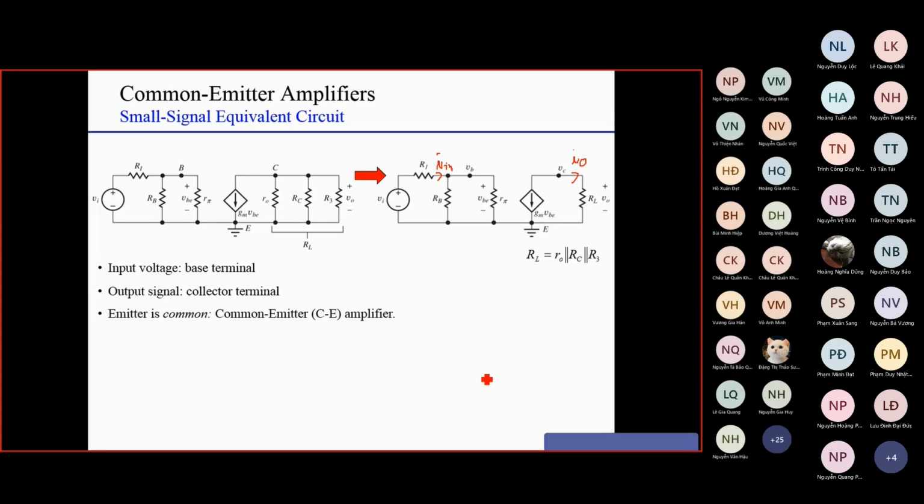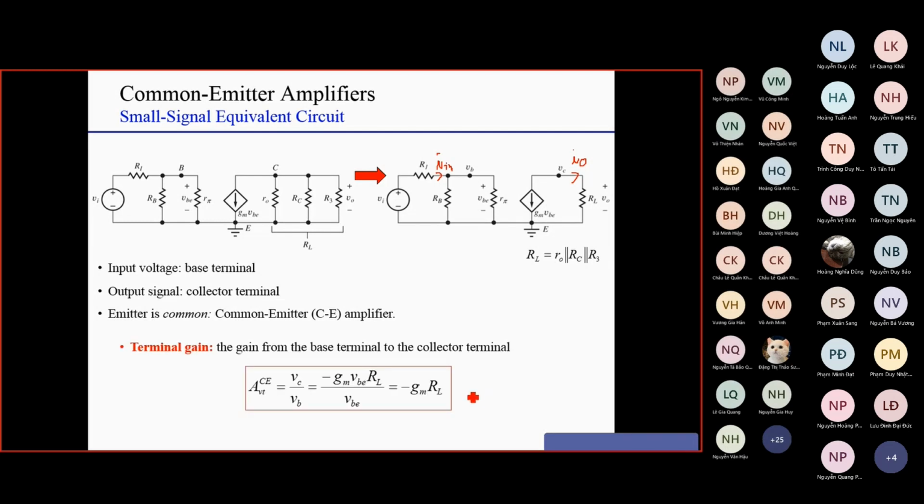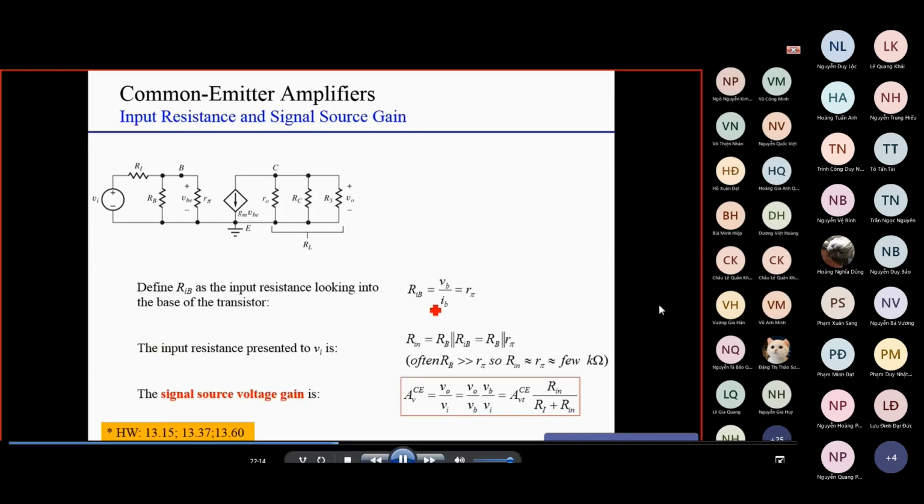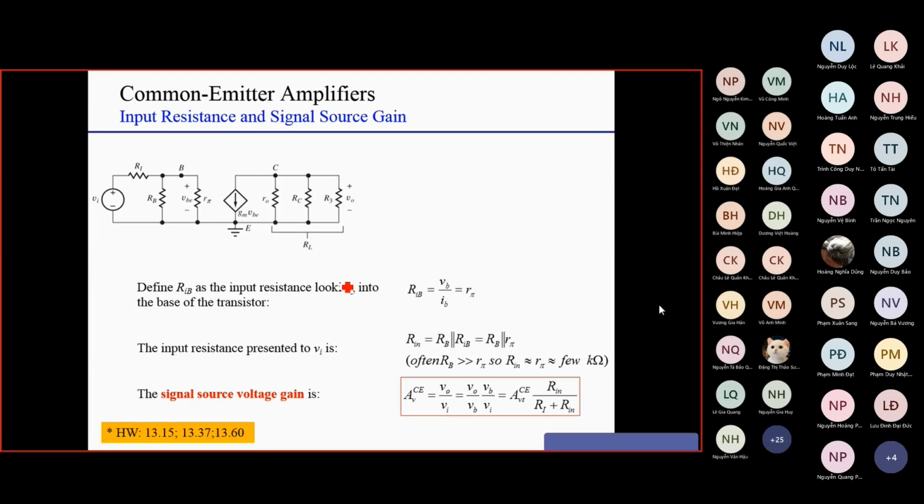So from voltage gain AV and current gain AI, you can deduce the power gain, AP. That means we know all the parameters for this common emitter amplifier.